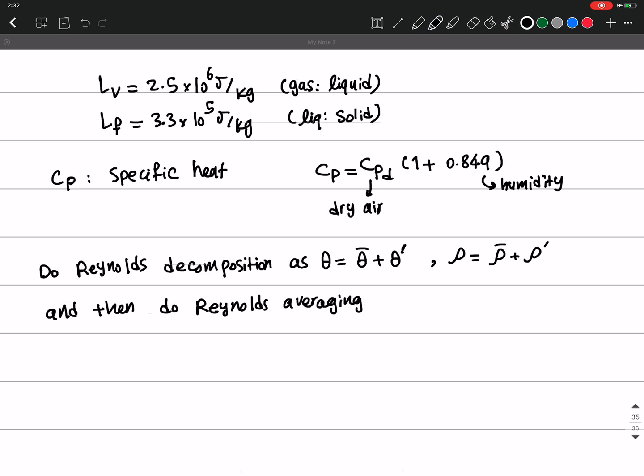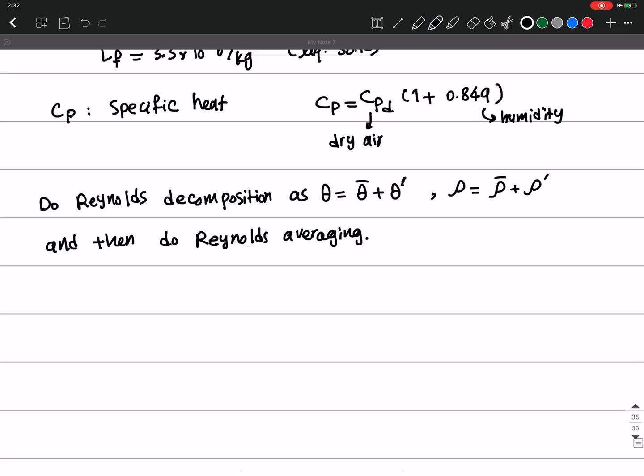So if we do that, we are going to get the Reynolds-averaged heat equation, which is as follows.